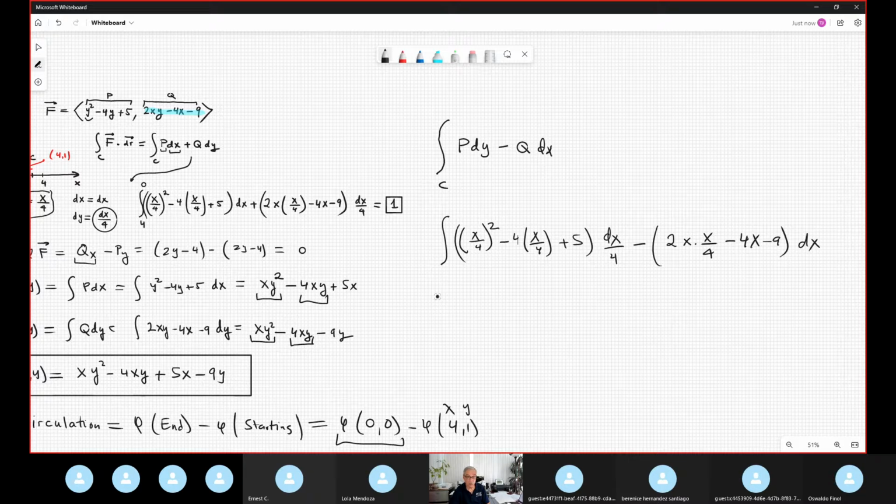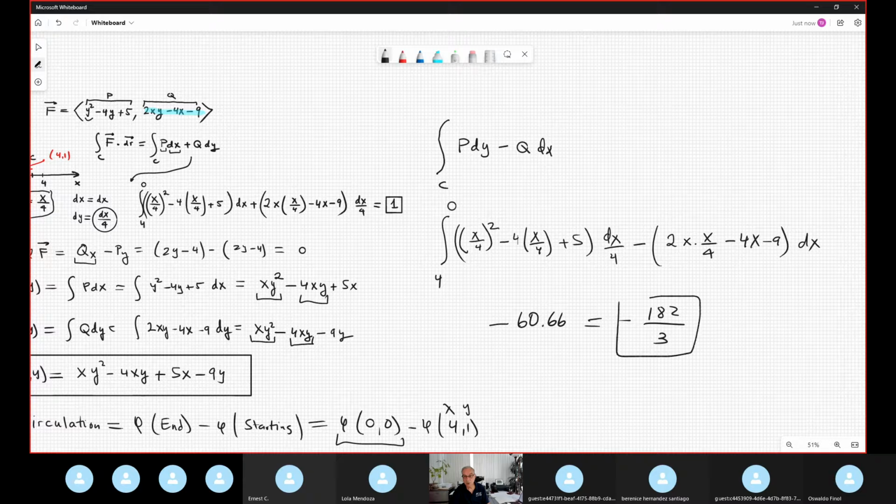And this integral goes from 4 to 0, exactly the same. Algebra, combine like terms, okay, the antiderivative is easy. The answer is minus 60.66. Actually, it's negative 182 divided by 3.